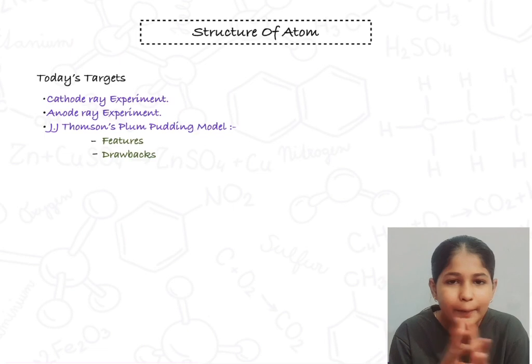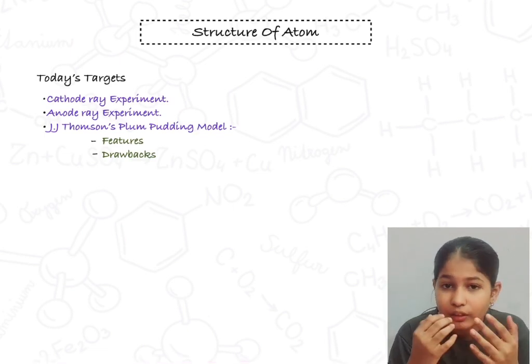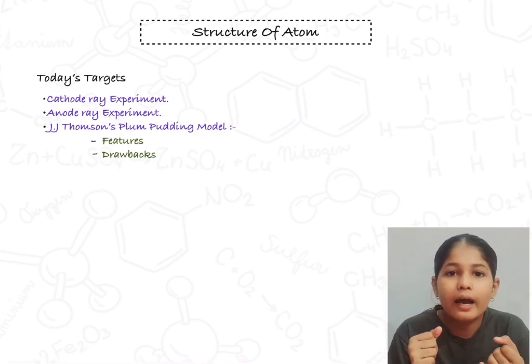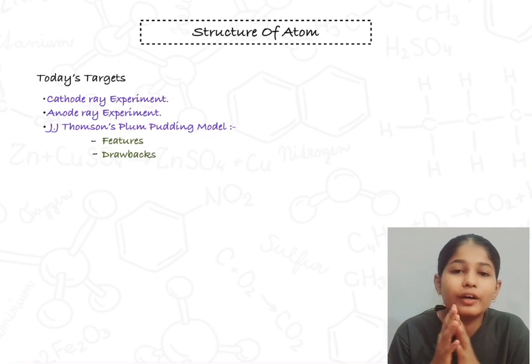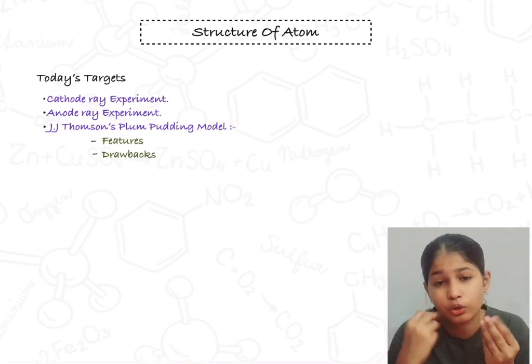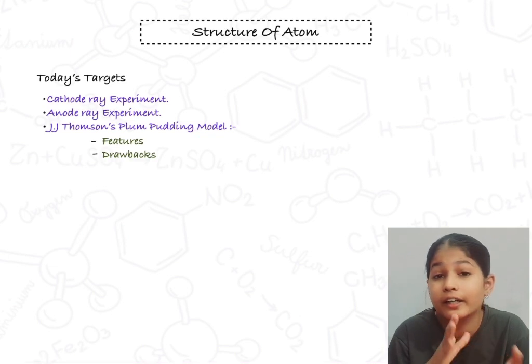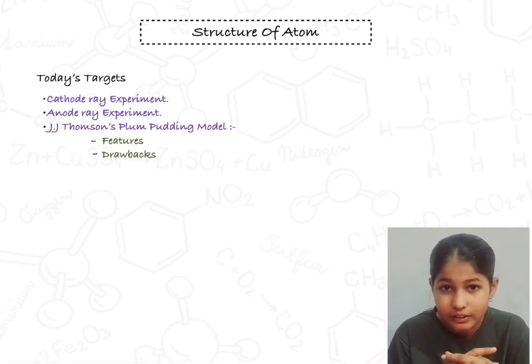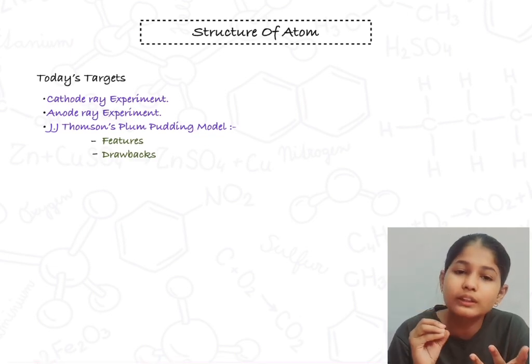In this whole chapter Bohr's model will be discussed, and after some time most of the scientists were assuming that there are no drawbacks in Bohr's model, and that it is a successful and most accepted model.